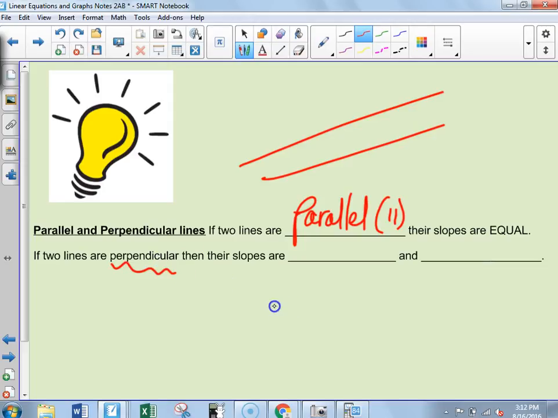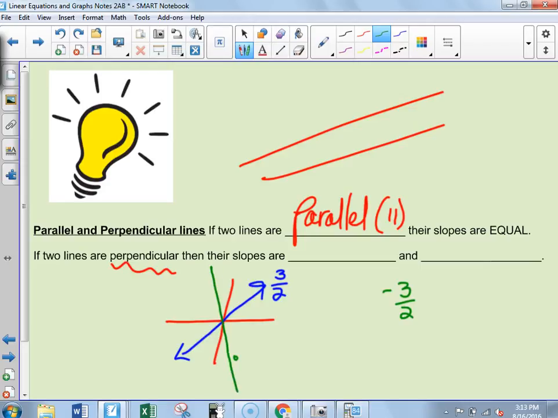So it's very particular. Okay, what happens if my slope of my line is, let's say, 3/2? How do I find the perpendicular to that? Okay, if I did -3/2, I would go down 3 and over 2.